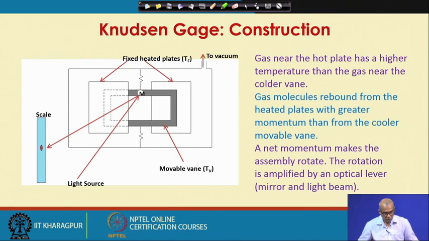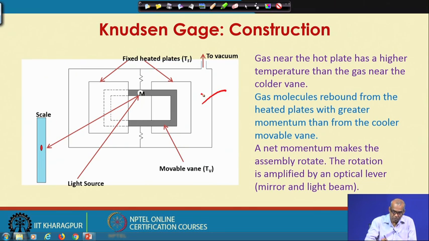Now, what you see is a schematic of a Knudsen gauge. Consider a chamber to which we will admit the fluid pressure which I am going to measure. Inside the chamber, I have two fixed plates. This is one plate, this is another plate.